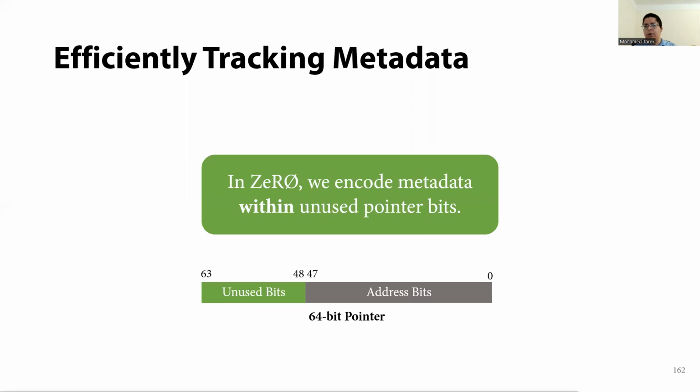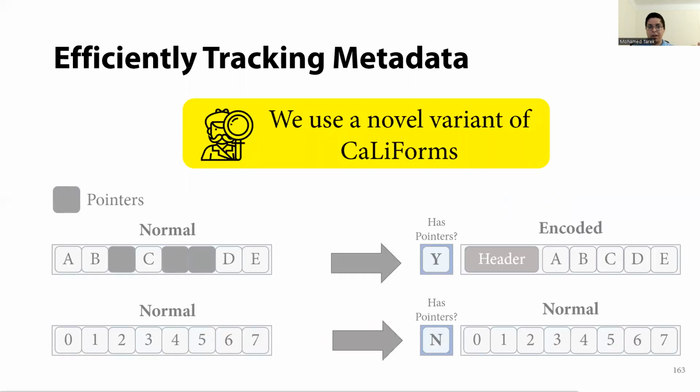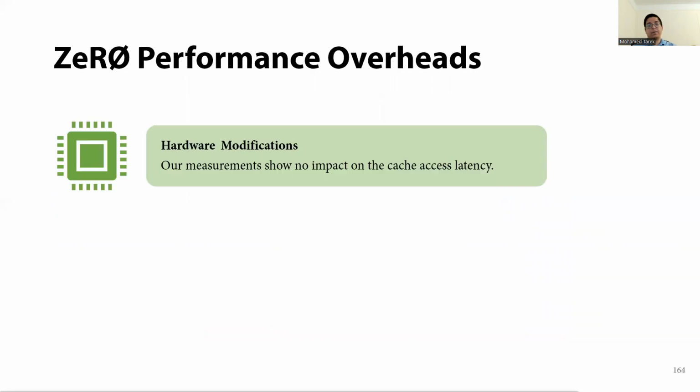This is feasible on 64-bit systems as the top 16 bits of all pointers are unused anyways. Unused bits means some sort of dead bytes. Dead bytes means CaLiForms. So we invent a different variant of CaLiForms in which we use some of the upper pointer bits in each cache line to craft a header that identifies both the locations of the pointers within the cache line and their type.